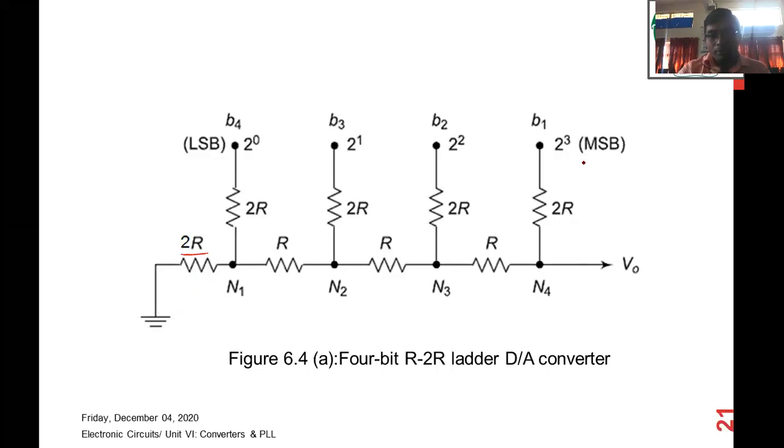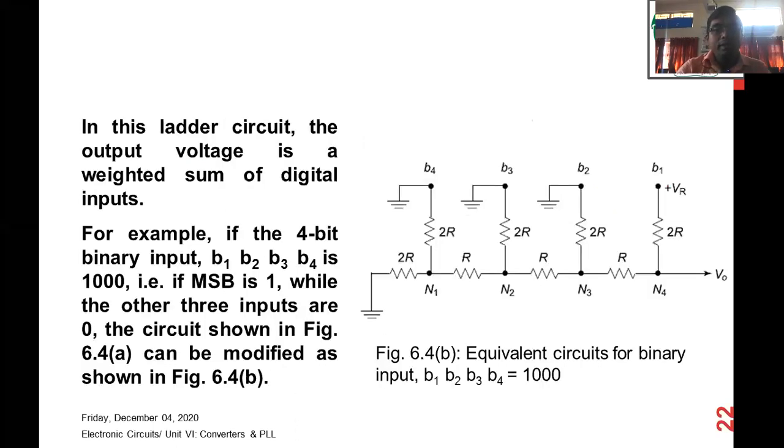We move from the MSB to the LSB side. When we observe from this end to the LSB side, you will see that the resistance decreases, meaning there is an equivalent resistance R. We will see how to decompose it in the further slides. Okay. So in this ladder circuit, the output voltage is a weighted sum of the digital input.